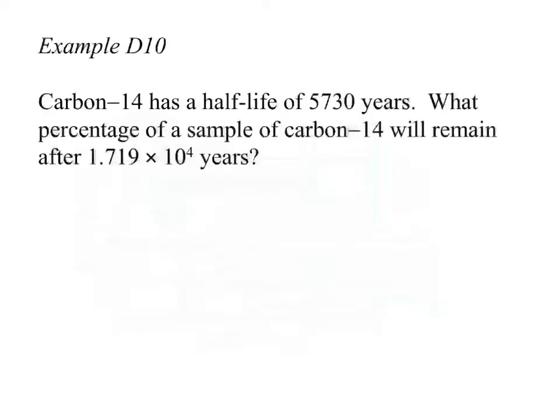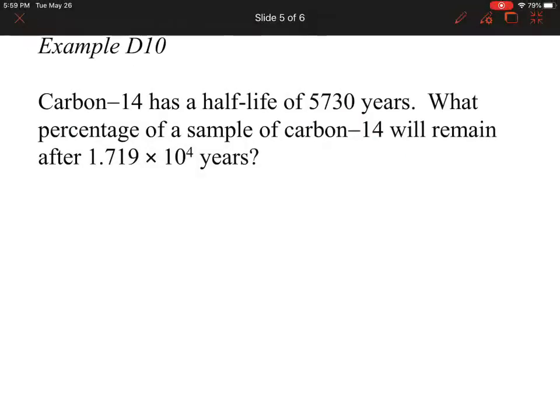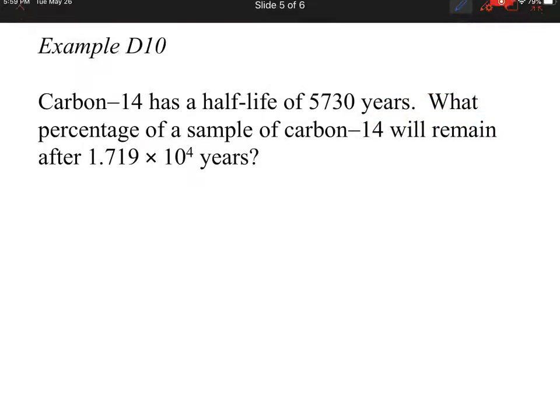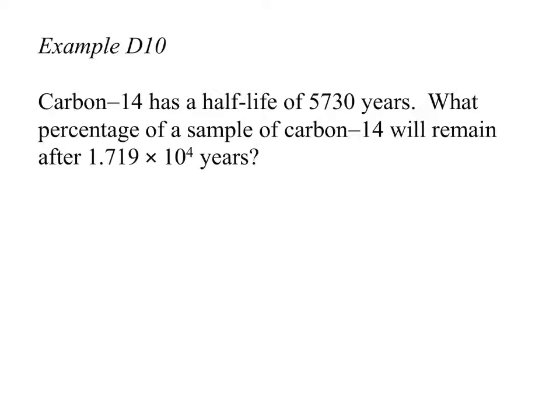Okay, so let's do some calculation with this equation, which again, I'm quite sure you've seen before, had to deal with before. But let's go for it. So we have carbon-14 having a half-life of 5,730 years. What percentage of a sample of carbon-14 will remain after 1.719 times 10 to the 4 years?